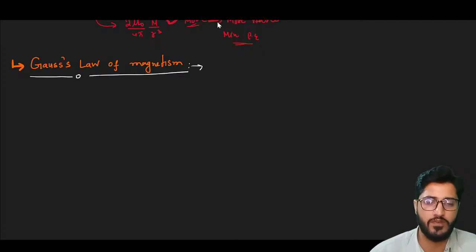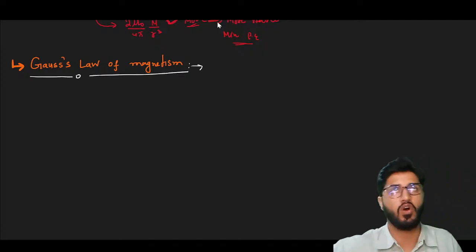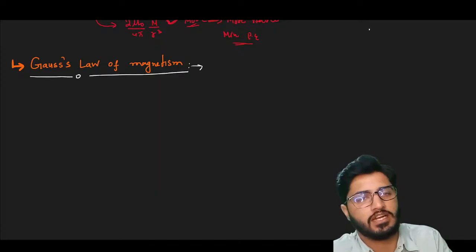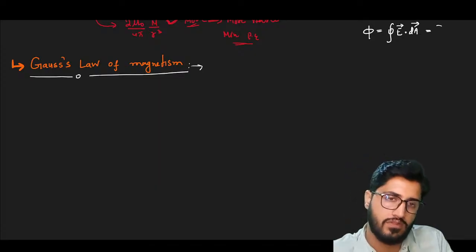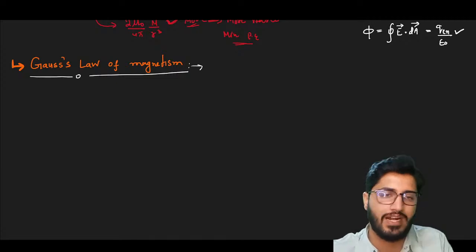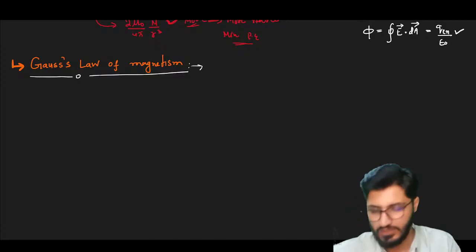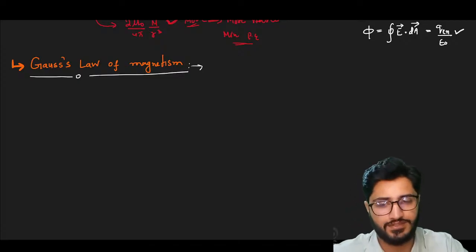Okay, we know it very well. Or you can write, sir, flux equals the integral of E dot dA equals Q enclosed by epsilon naught. This one is Gauss's law in electrostatics.